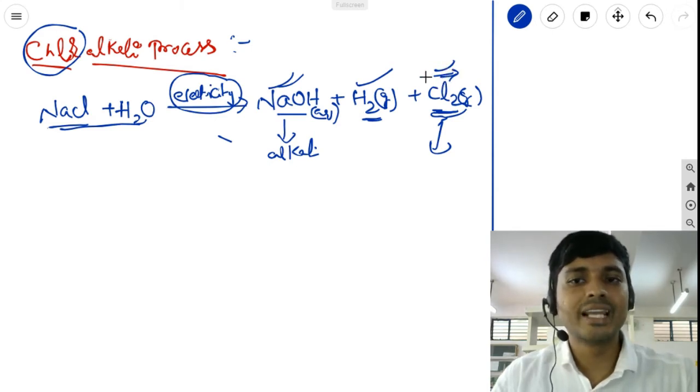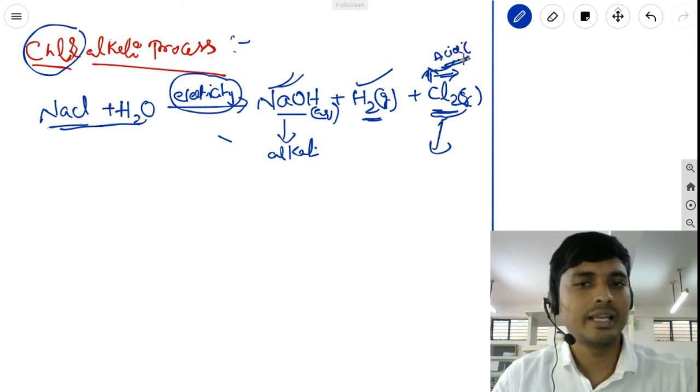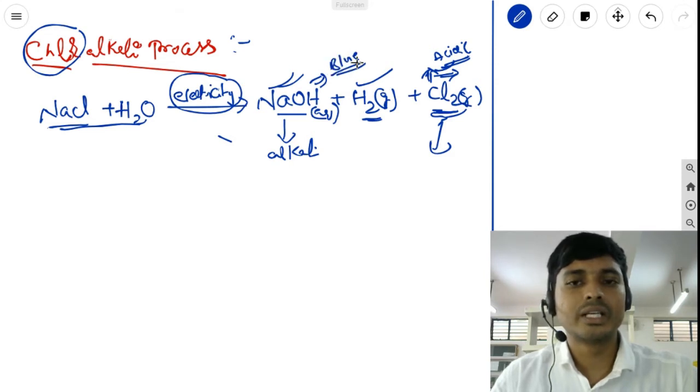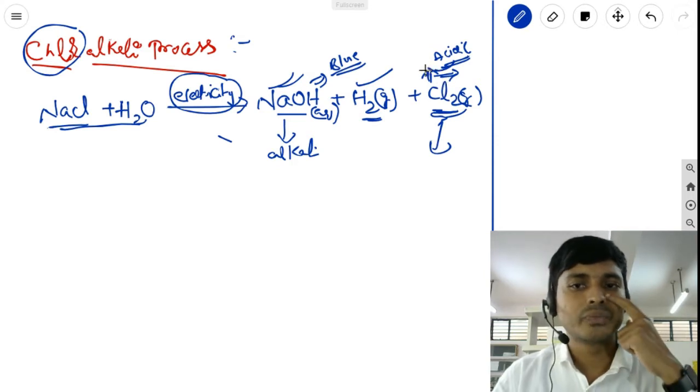Where the chlorine gas is generated, if you use the indicator you can find out whether it is acidic or basic. If I use the universal indicator, we will get the red color. Hydrogen gas we cannot detect with an indicator, but sodium hydroxide gives the blue color with universal indicator. If it is acidic, as with chlorine gas, you get the red color.